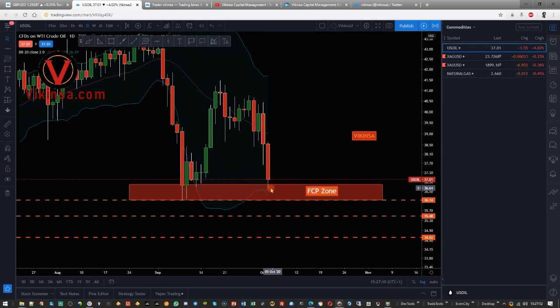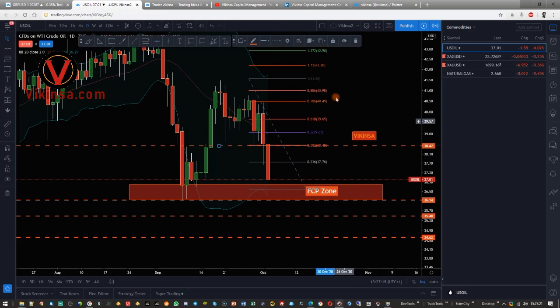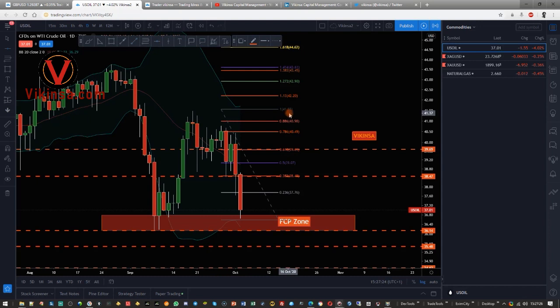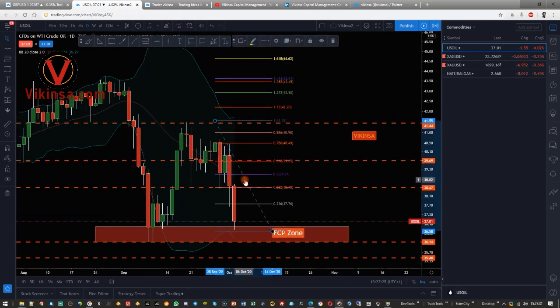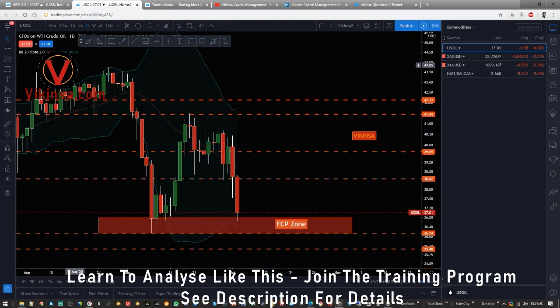So I'm expecting the market to actually go upwards a little bit, and where it is going to go to is somewhere like this level. And if I draw Fibonacci from there, I can see another one which is somewhere around here, but by that time it would have a new structure, so we'll look for reanalysis.